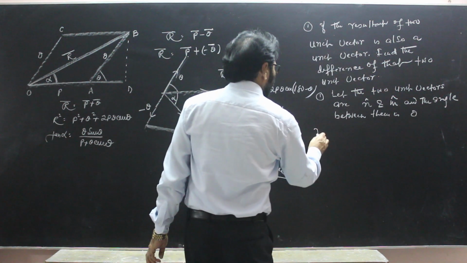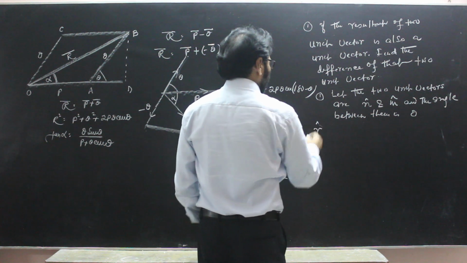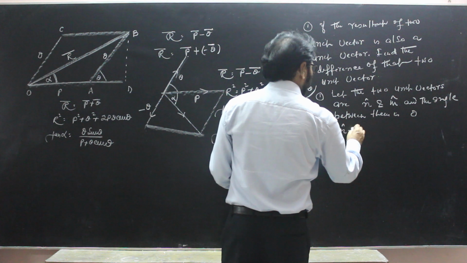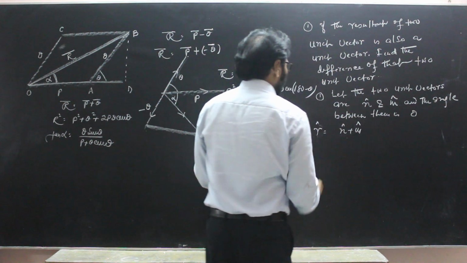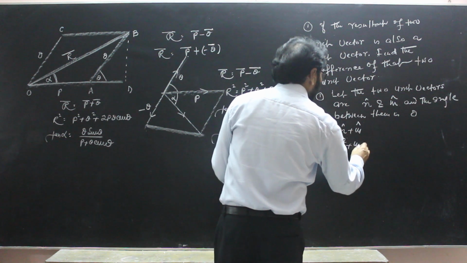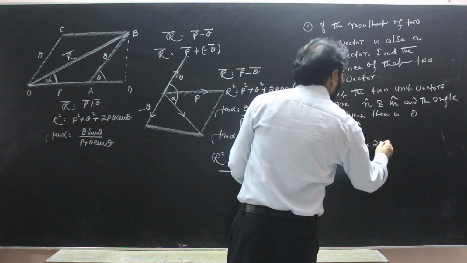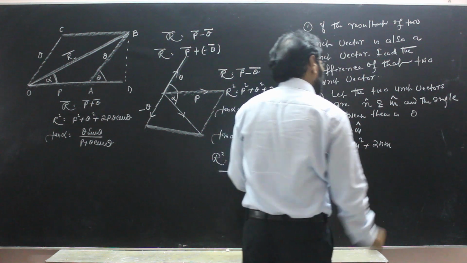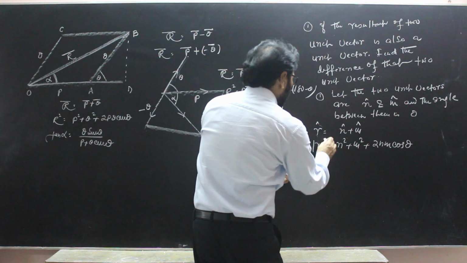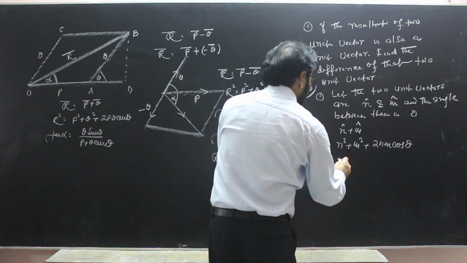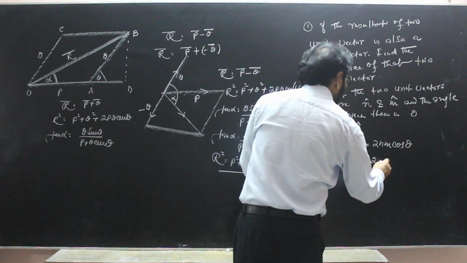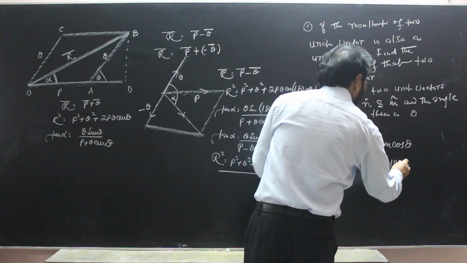If the resultant is a unit vector r, then r is equal to n plus m, and mod r is equal to square root of n square plus m square plus 2nm cos theta. This is also a unit vector, so 1 is 1 square plus 1 square plus 2, 1 into 1 cos theta.